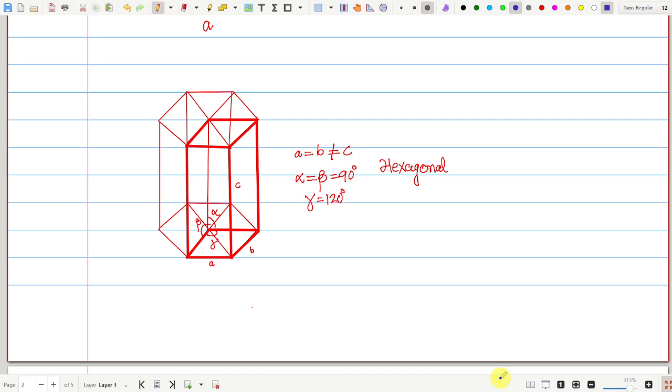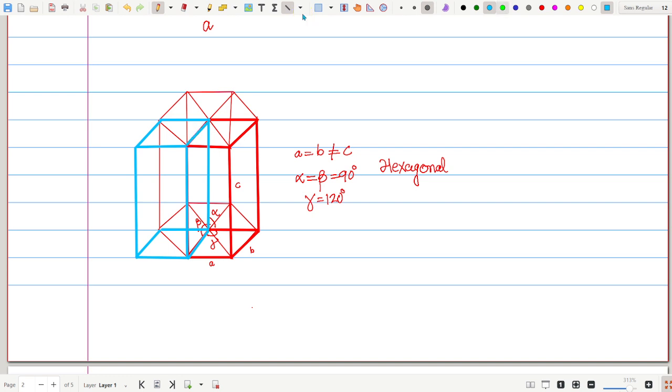So this is a very interesting thing. You can actually do something like this. We can extend this. Let me use a different ink. Yes, just like that, we can extend this.